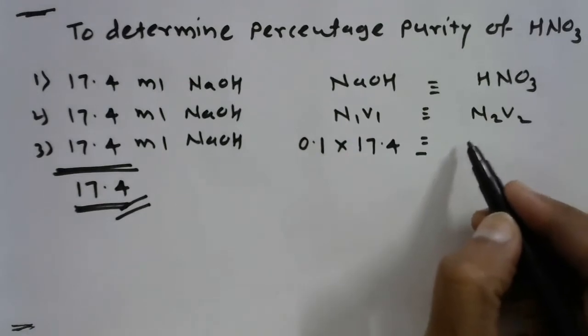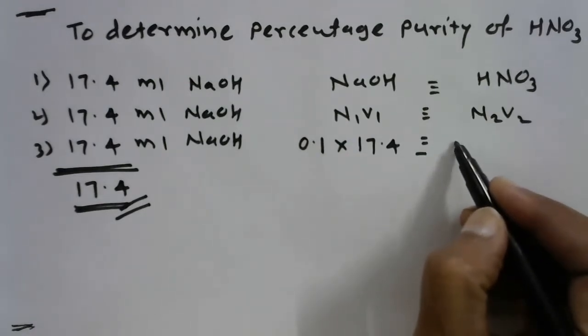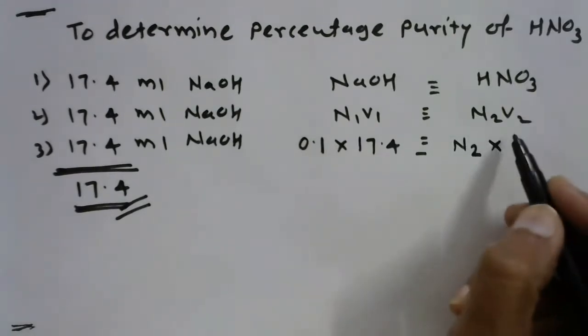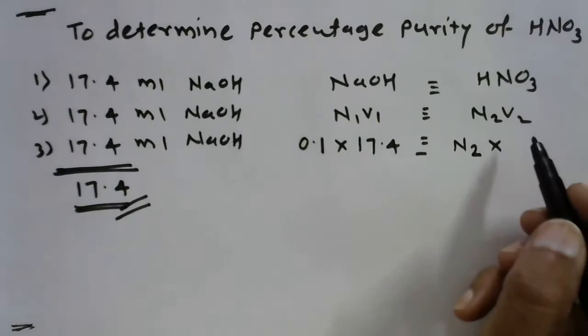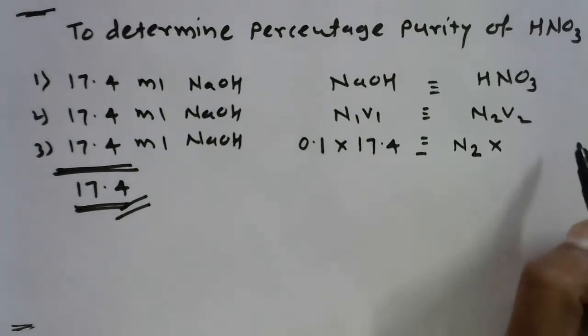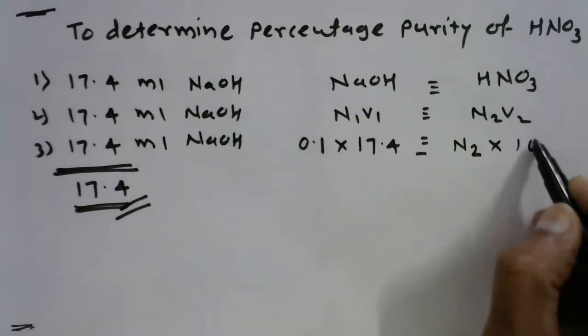This N2 means the normality of the prepared nitric acid solution, which we have to calculate. V2 means the volume of prepared HNO3 which we have used for titration, and that volume was 10 ml.